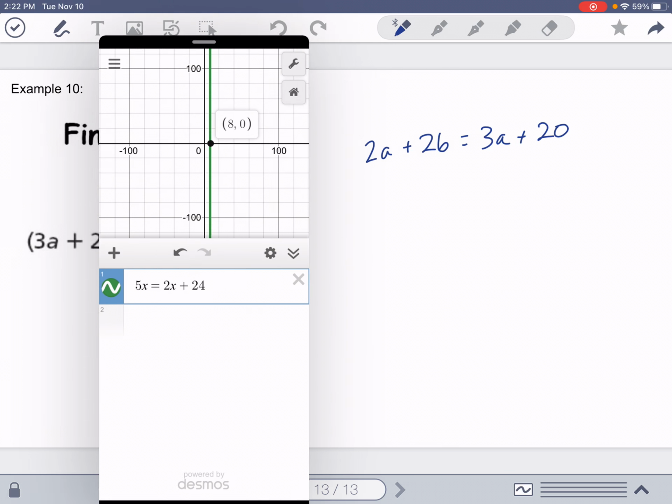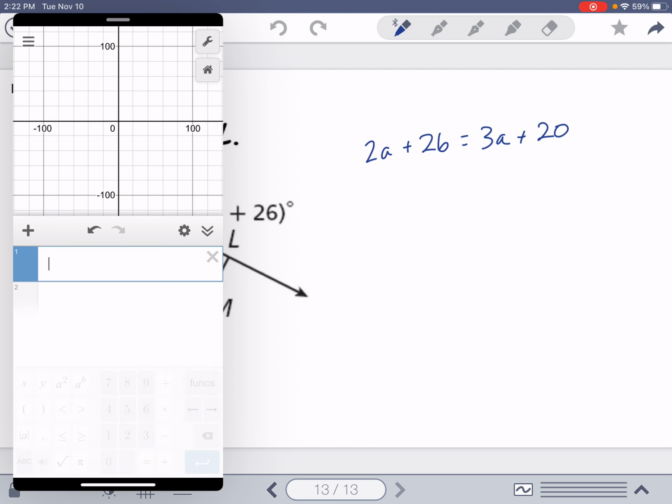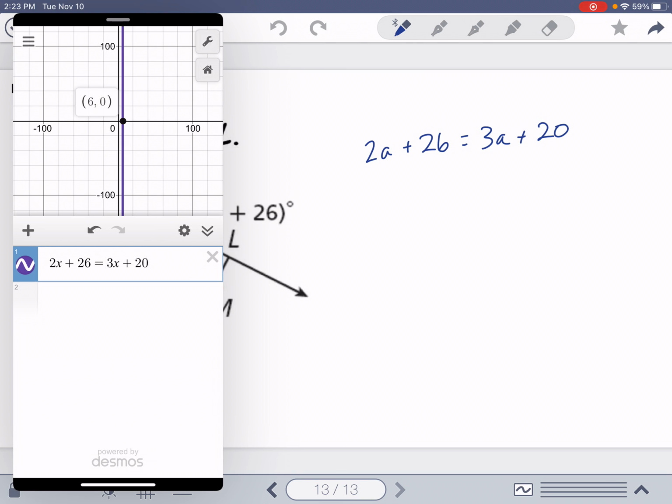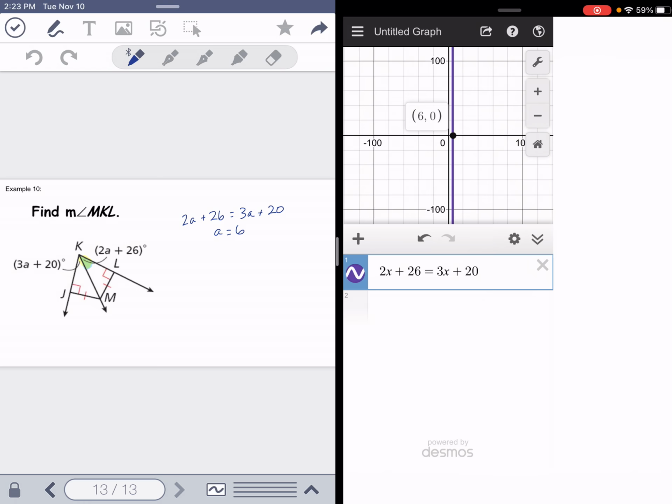Now when I go to Desmos, remember, I have to use an X instead of an A. But we've been doing that the whole time, so you guys should be used to that by now. X is 6, so A is 6.